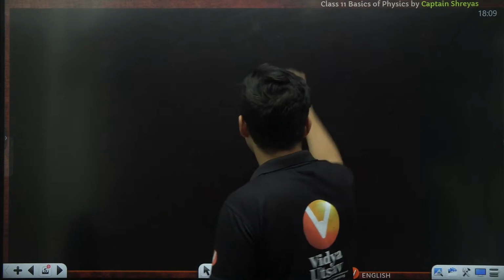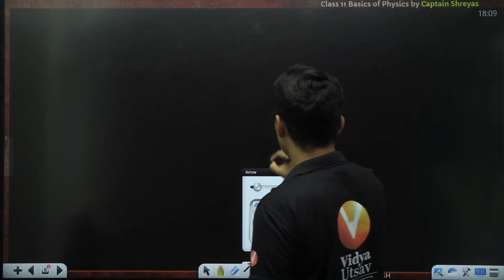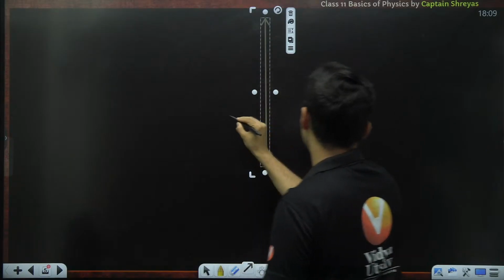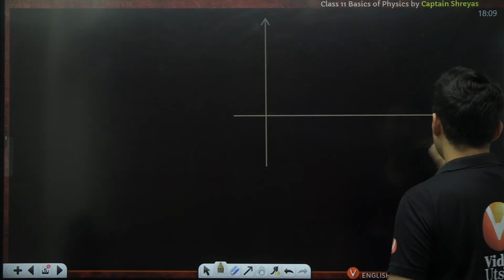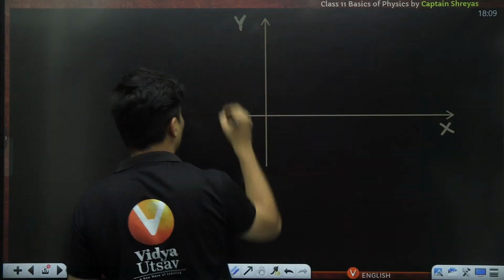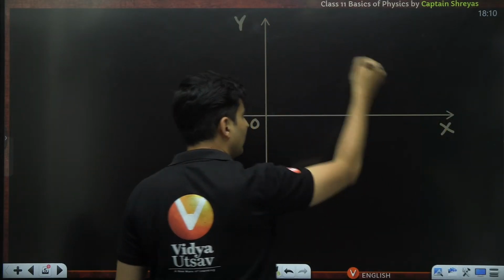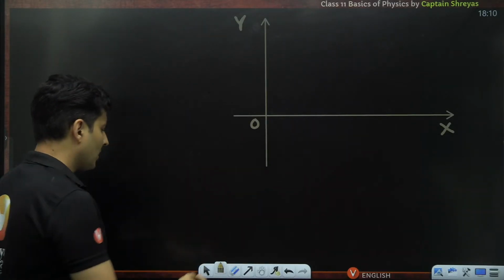Say for example, I put over here a graph like this. This is usually the x-axis, which is your input, and this is your output. You tell me x, I'll tell you what y is. You tell me y, I can tell you x also. That's fine.